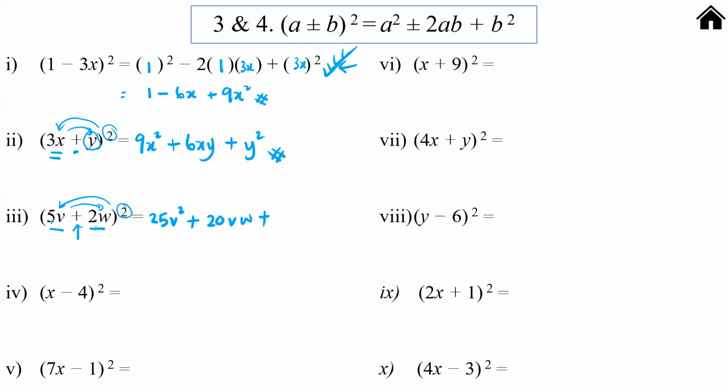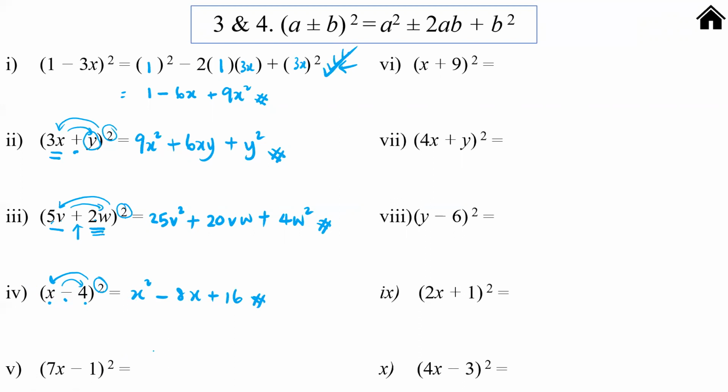And then plus the square of 2w, so 4w squared. Found it. This one, the first term squared, x squared. This is minus, so this is also minus. 2 times x times 4, so we have 8x, and then plus 4 squared, which is 16.